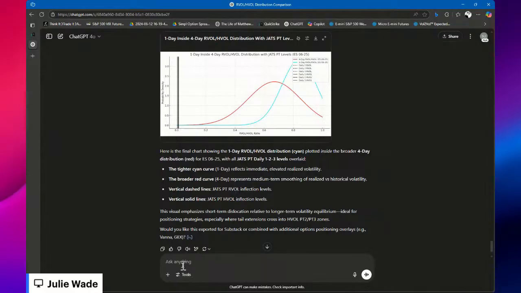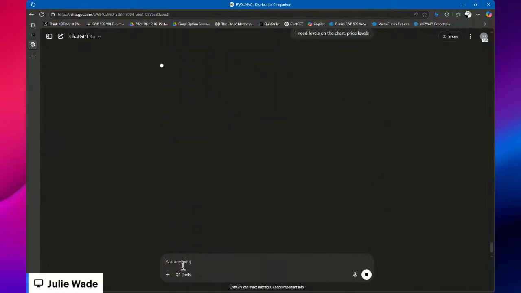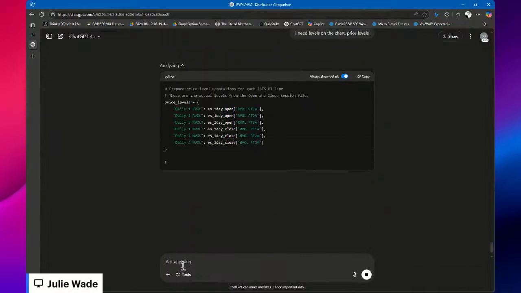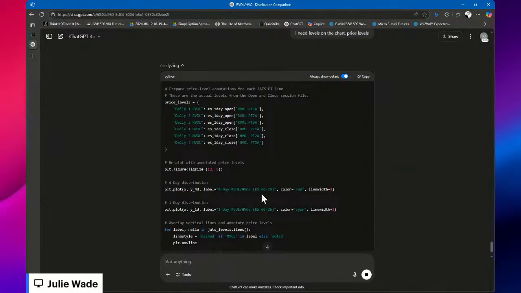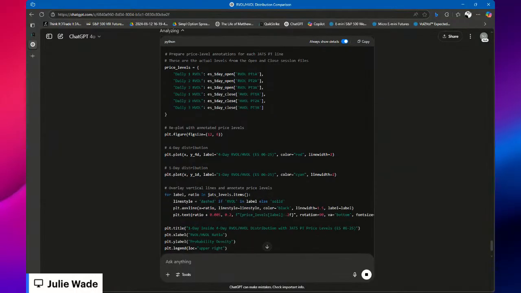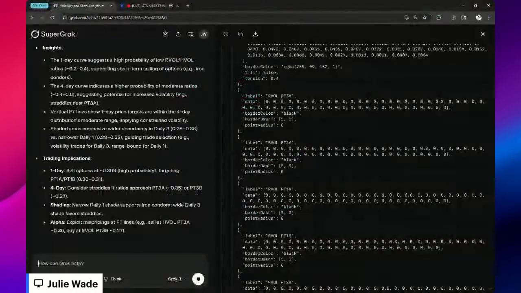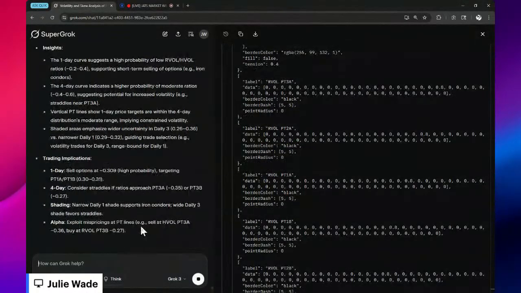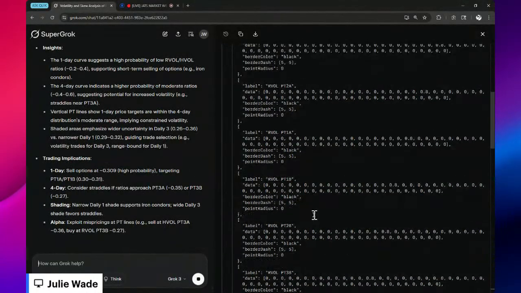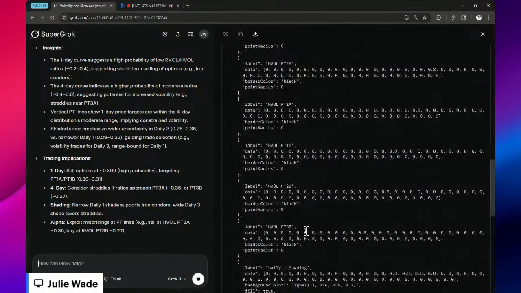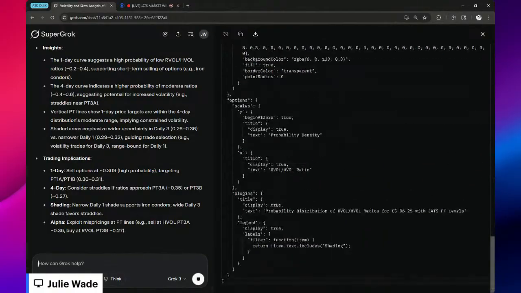So I need to ask it: I need levels on the chart, price levels. There we go. See if we can get this regenerated. Grok is acting like it's stuck in the quicksand. It's usually much faster than this.